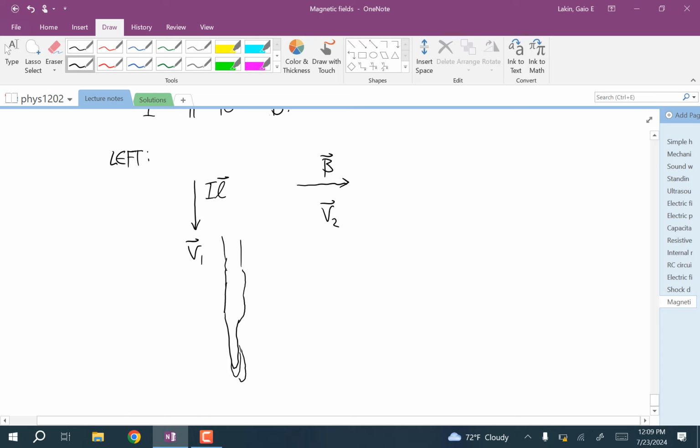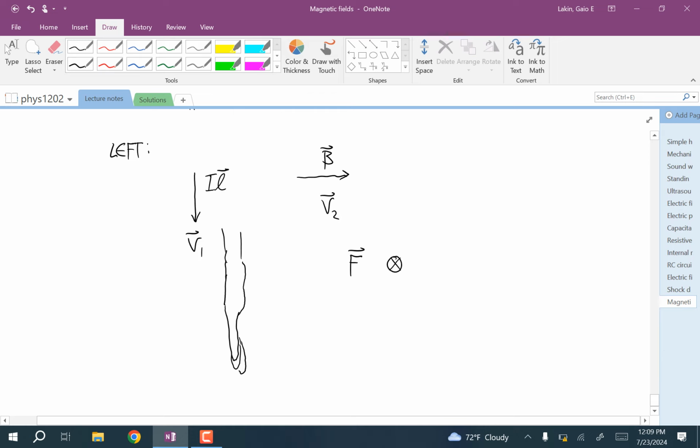Then we can put our fingers in the direction of V1, curl them to put them in the direction of V2, and that means that the force on the left wire is where a thumb is on the other side, and so that force is into the page. Okay.